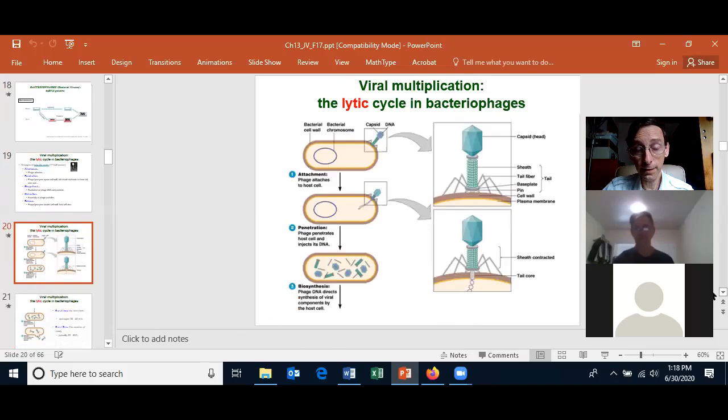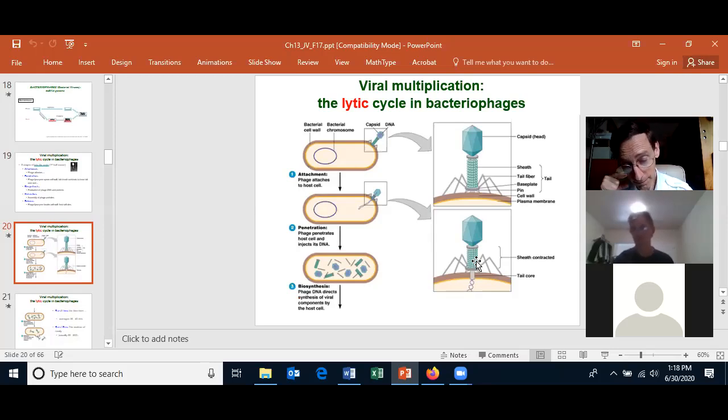So in the lytic life cycle, the virus attaches to the host cell. It then contracts, and that will put the viral genome injected into the host cell. And I should mention that in the attachment phase, the virus opens up a little portion of the cell wall so that the virus can actually inject its genome into the cell.